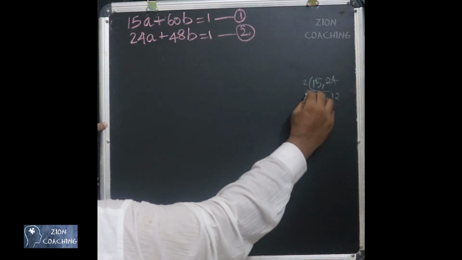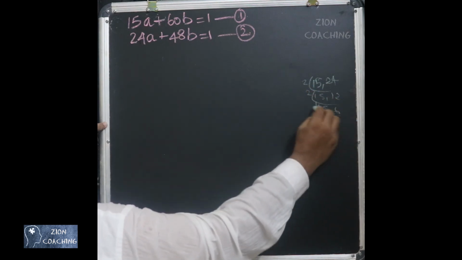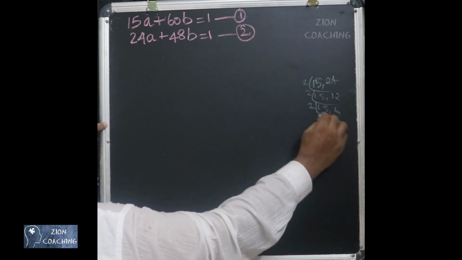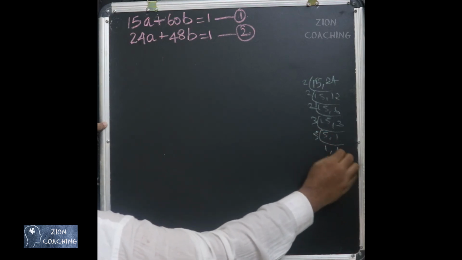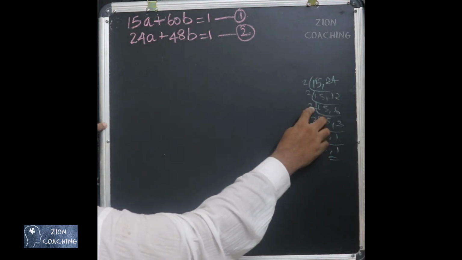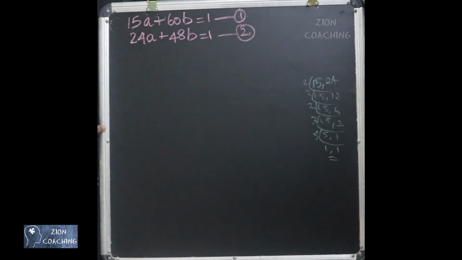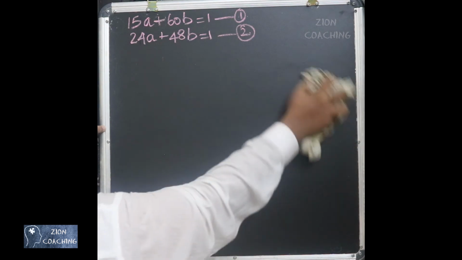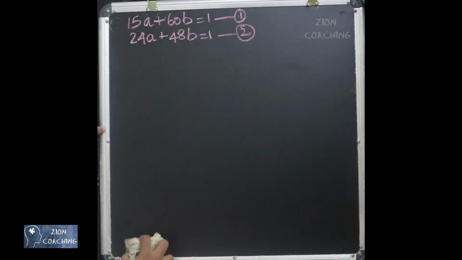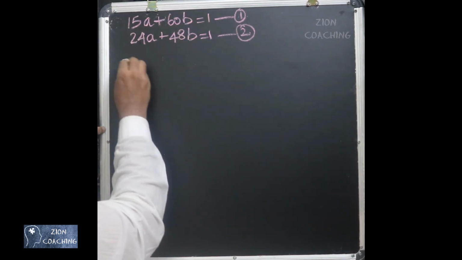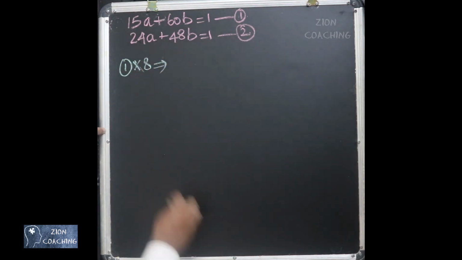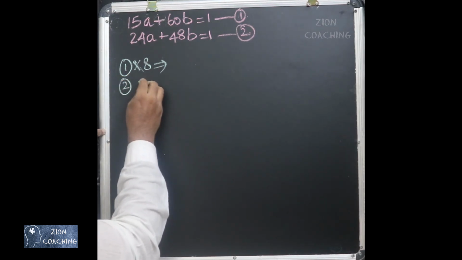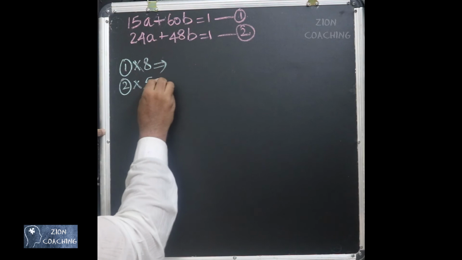Again by 2, 15 comma 6. Again by 2, 15 comma 3. Now by 3 you are going to have 5 comma 1. Then again by 5 you are going to have 1 comma 1. So 5 3s are 15, 15 2s are 30, 30 2s are 60, 60 2s are 120. So the LCM is going to be 120. So to get 120, you have to multiply 15 by 8. So I am going to multiply the first equation by 8. And to get 120, I have to multiply the second equation by 5.